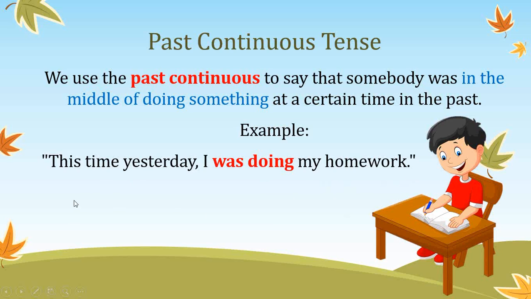For example, if it's 7 o'clock and yesterday at 7 o'clock I was doing my homework, I can say, this time yesterday I was doing my homework. I was in the middle of doing the homework.